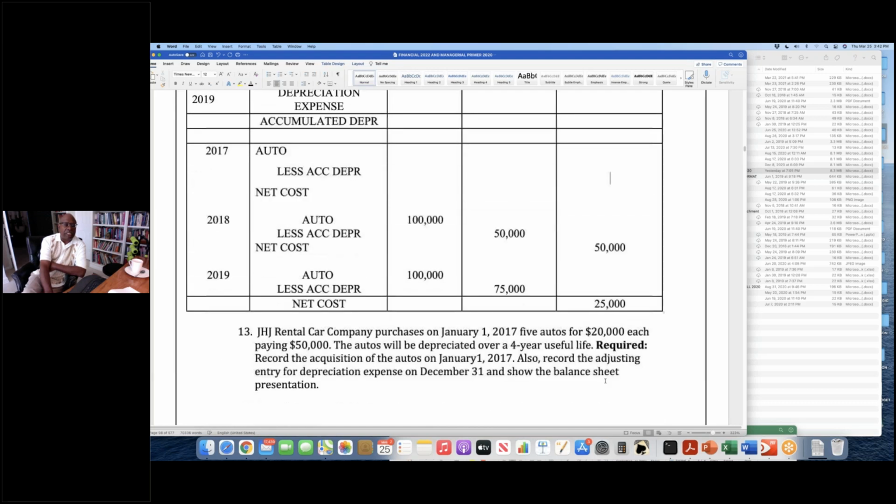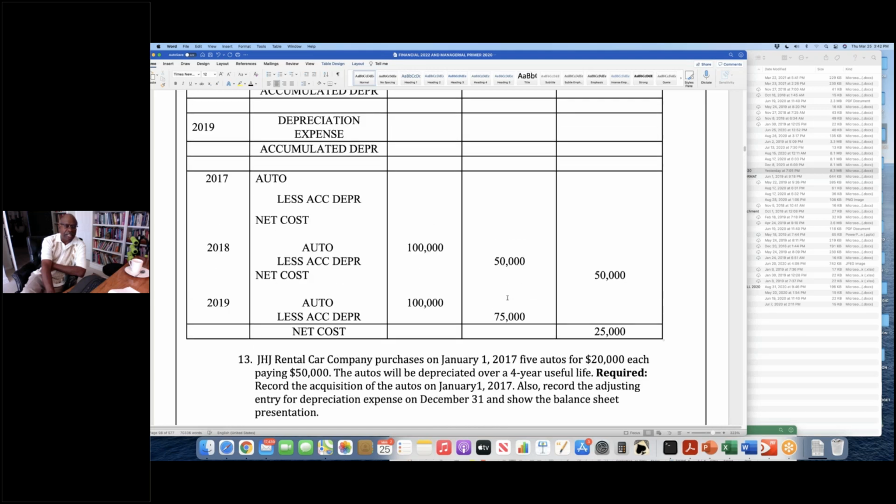So 13 says we purchased 5 autos for $20,000 each, paying $50,000 down. The autos are going to be depreciated over a 4-year useful life, using straight line. So we got 5 autos for $20,000, and we're paying $50,000 down.